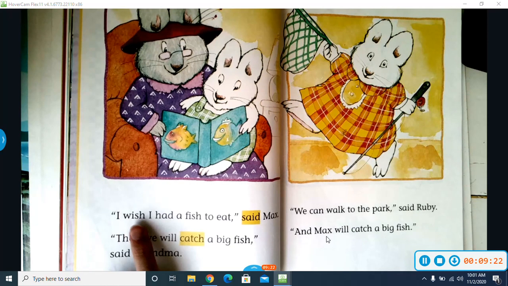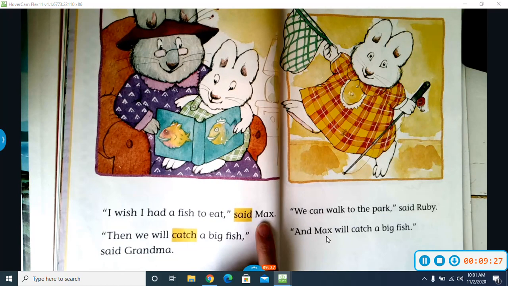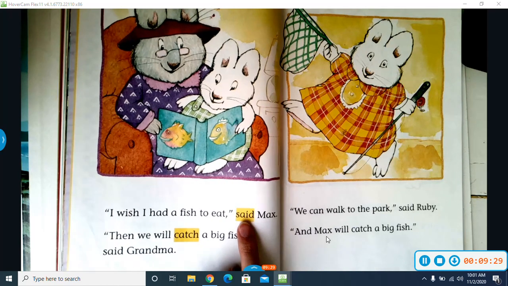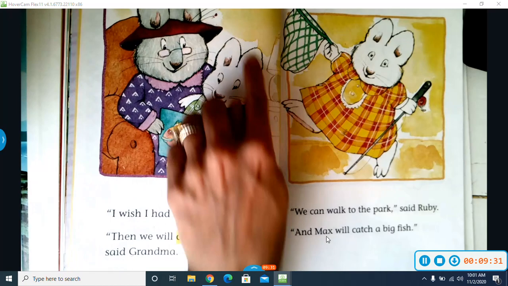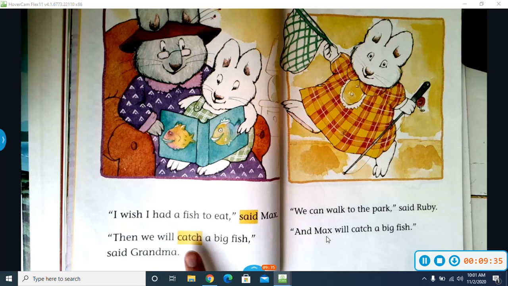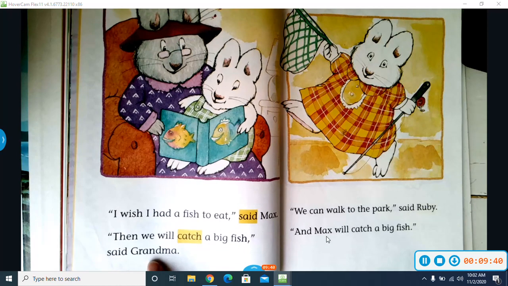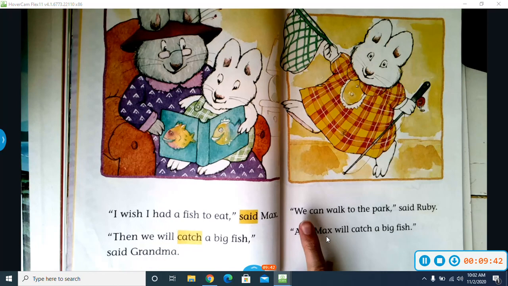I wish I had a fish to eat, said Max. Good thing we just practiced those sight words because they're going to be popping up again. So here is Max. Then we will catch a big fish, said Grandma. Okay, Grandma has an idea.